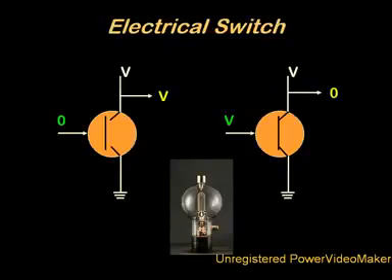A vacuum tube is nothing more than a simple electrical switch. It has 3 terminals. You put a voltage on the top one. You tie the bottom one to ground, and as you'll see in the off position on the left-hand side, the voltage is not connected to ground. So, if I detect the voltage on the top, I will see that voltage as it has no place to go.